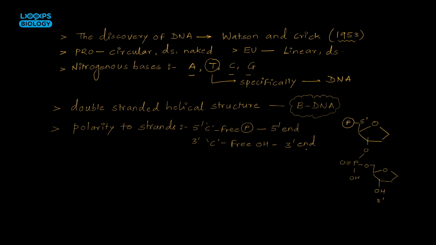So the polarity of this DNA runs from 5' to 3'. One strand of DNA has polarity from 5' to 3', while the second strand has polarity in the reverse direction, that is from 3' to 5'.